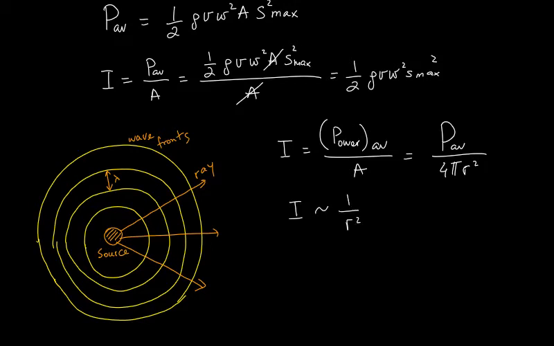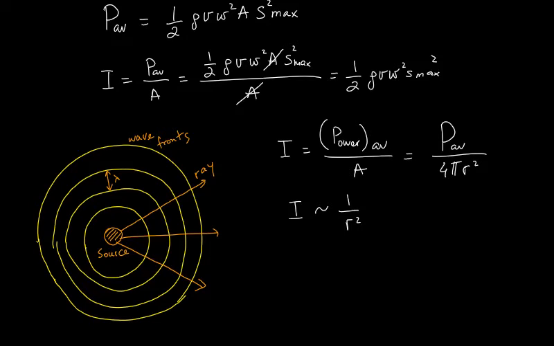The further you go in distance, the intensity decreases as the square of that. This inverse square dependence on r is really just a statement of energy conservation. The source emits energy at the rate P joules per second. The energy is spread over a larger and larger area as the wave moves outwards. Consequently, the energy per unit area must decrease in proportion to the surface area of the sphere.